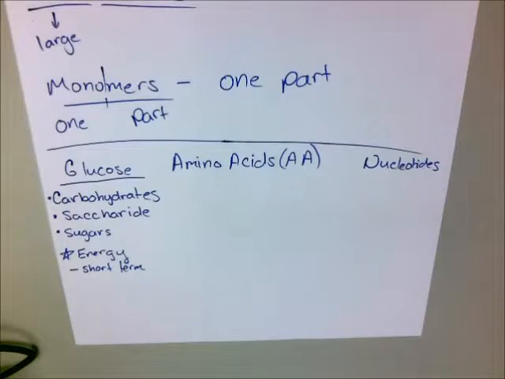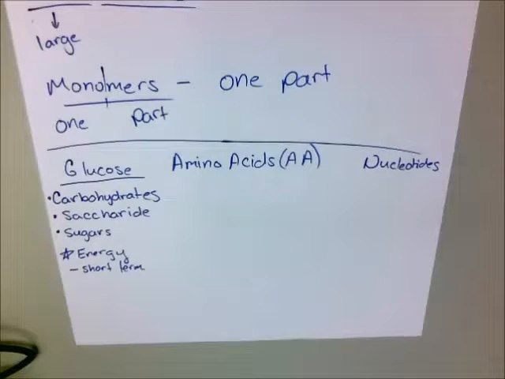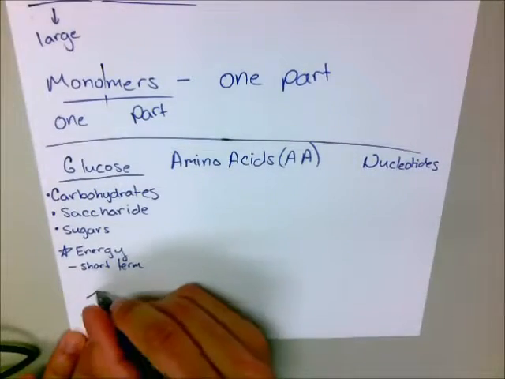Okay, so let's see what else they say about these saccharides or these sugars. Okay, so they don't actually say a whole lot about these. They give you these structural units on top. You'll notice that one glucose looks like this.